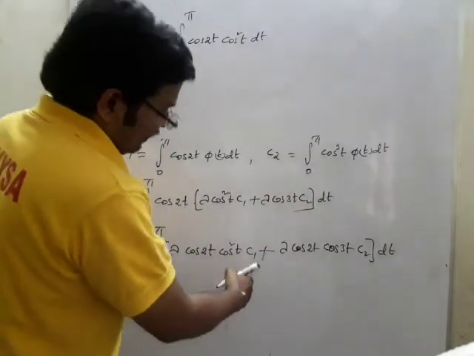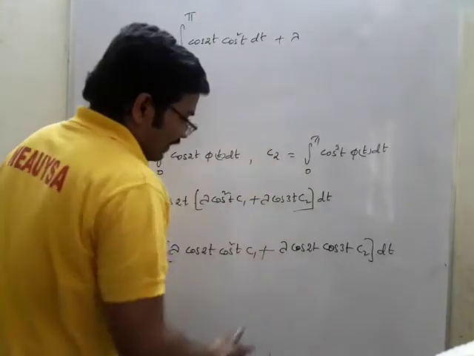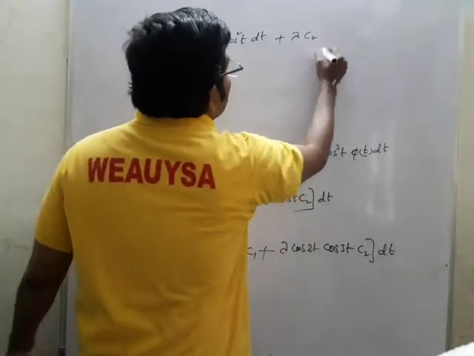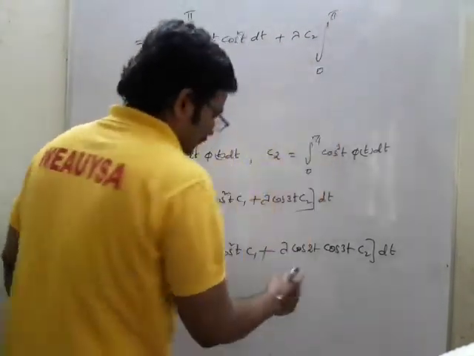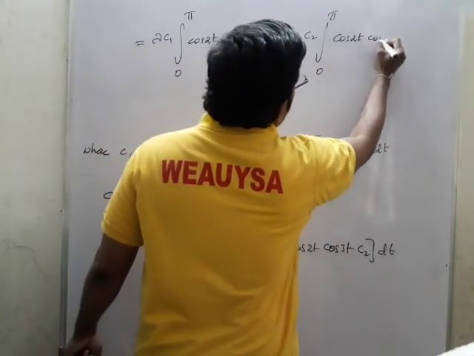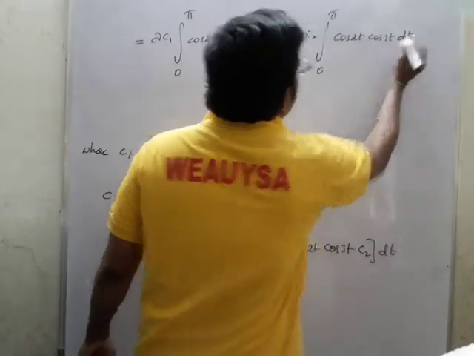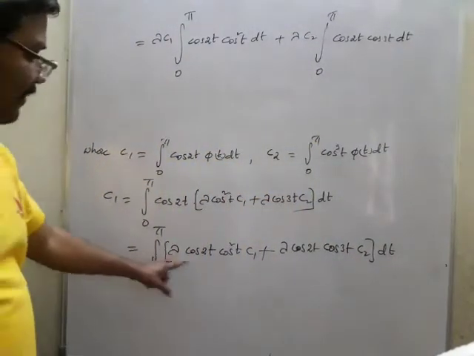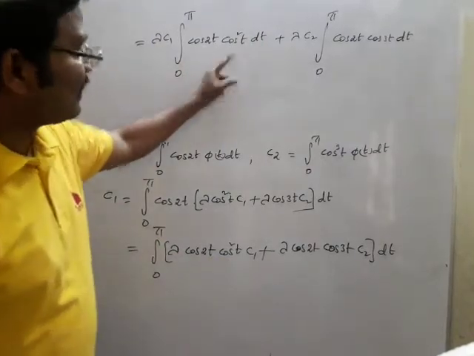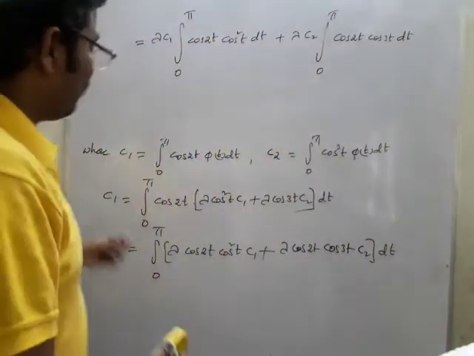Plus lambda C2 integral 0 to pi cos 2t cos 3t dt. This is what we got: lambda C1 cos 2t cos square t, and lambda C2 cos 2t cos 3t.